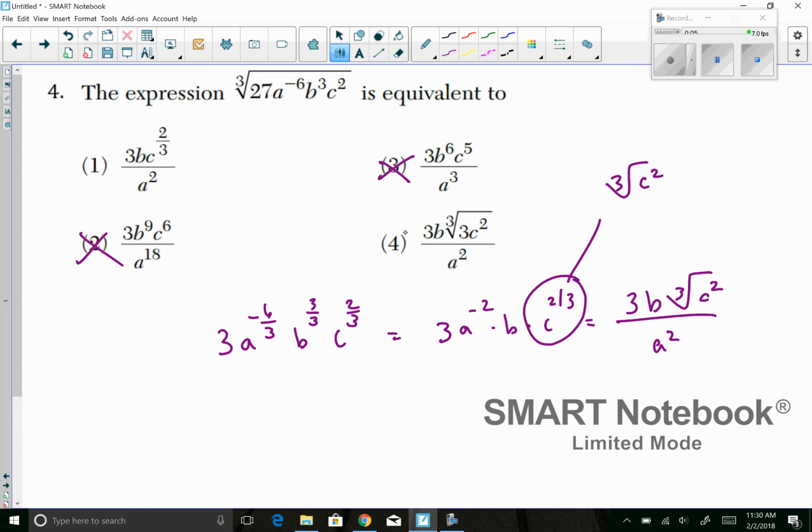Meaning I have choice 4. Nope, not choice 4. Choice 4 doesn't make sense. We have choice 1. The reason why choice 4 doesn't make sense is I have this extra 3 in here, which we don't want.